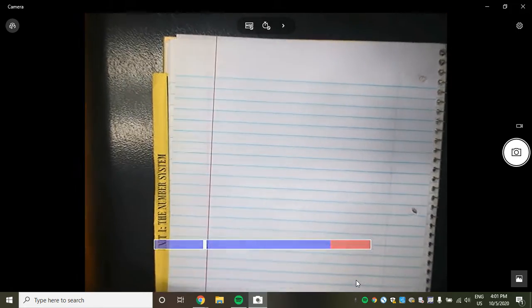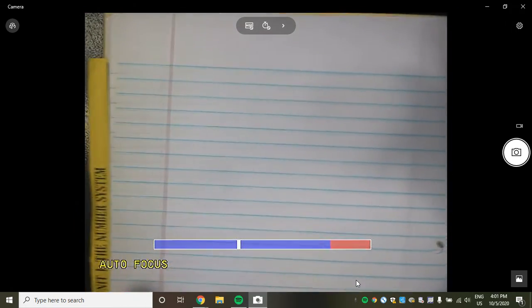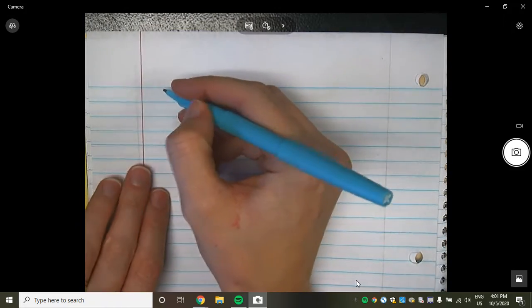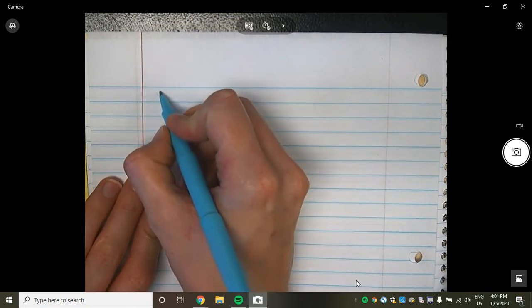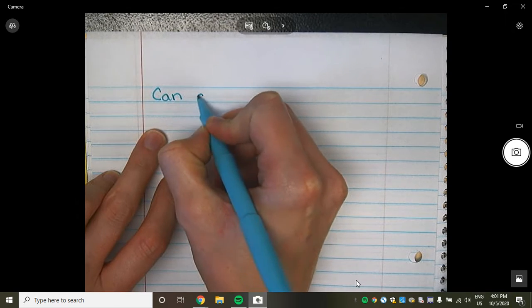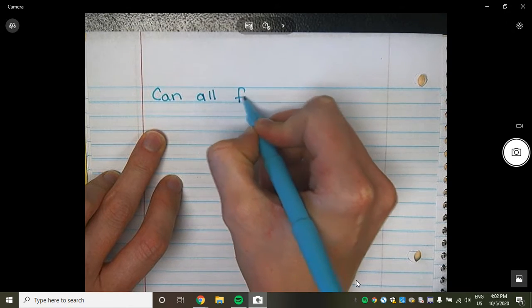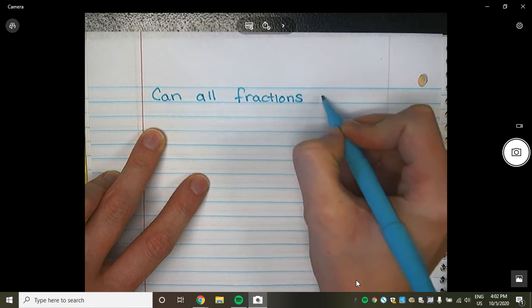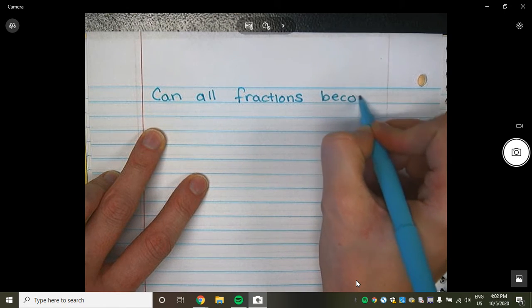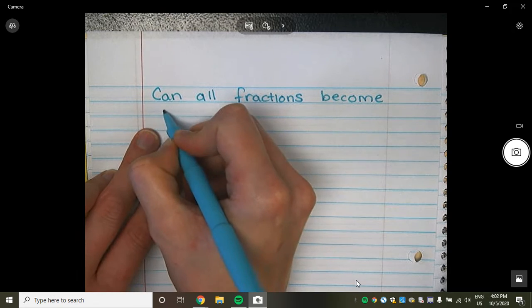So our target is converting between decimals and fractions. That means that we can convert fractions to decimals and decimals to fractions. I'm going to start by asking the question, and you can copy your notes just like mine. Can all fractions become decimals?